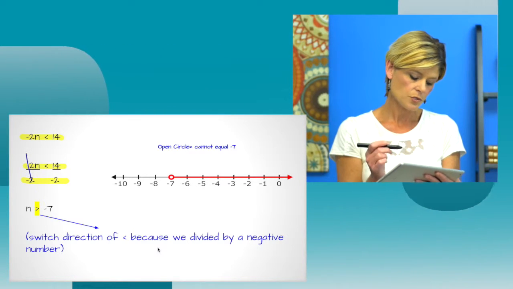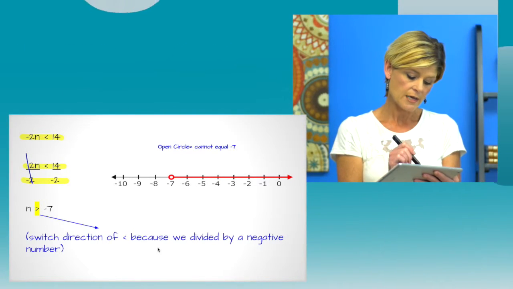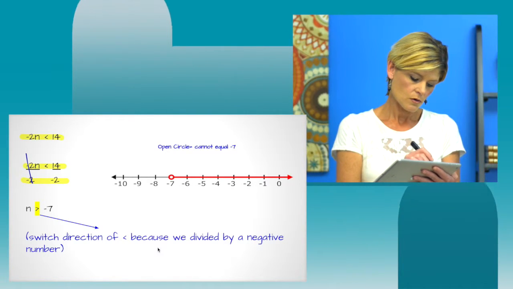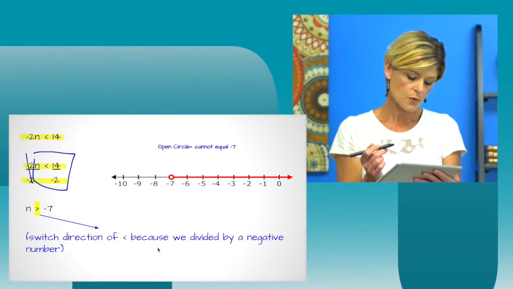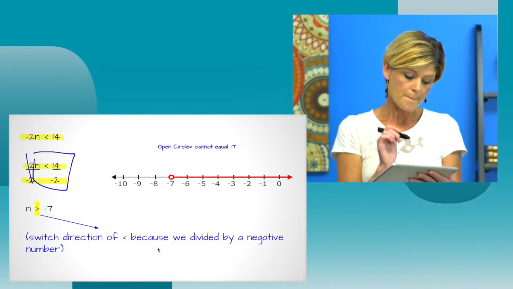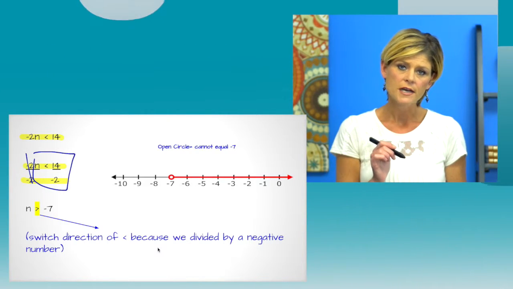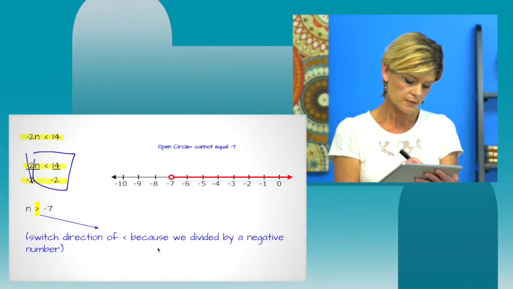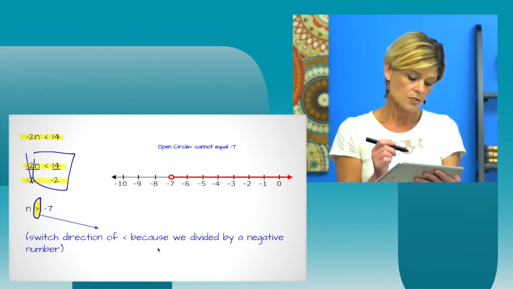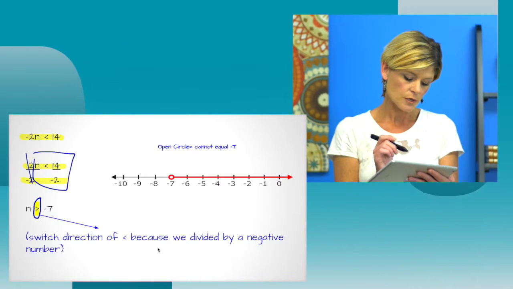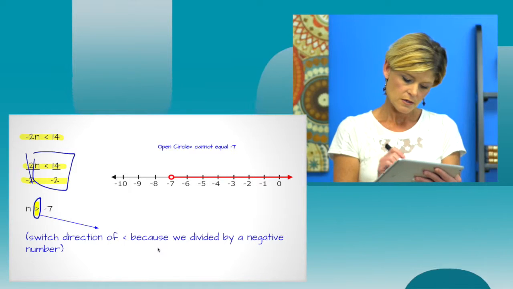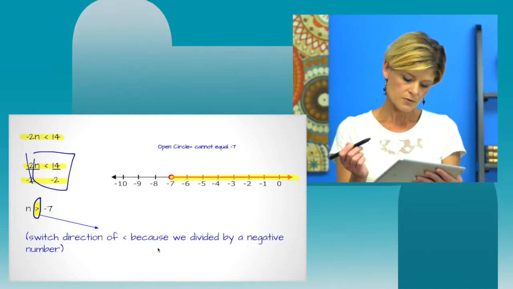Now my negative 2s cancel out, and I'm left with n is less than 14 over negative 2. But because I am dividing by a negative number, I have got to switch that sign. The symbol has to go in the opposite direction. So now that makes sense: n is greater than negative 7. And there it is graphed.